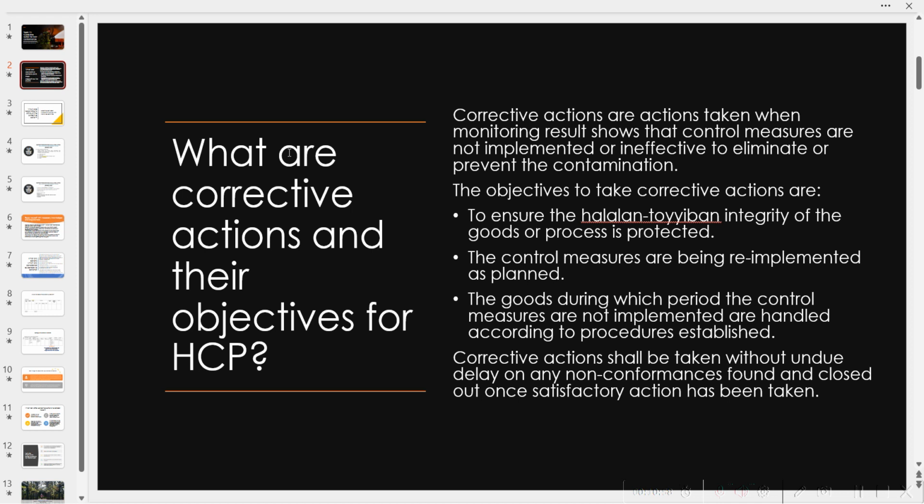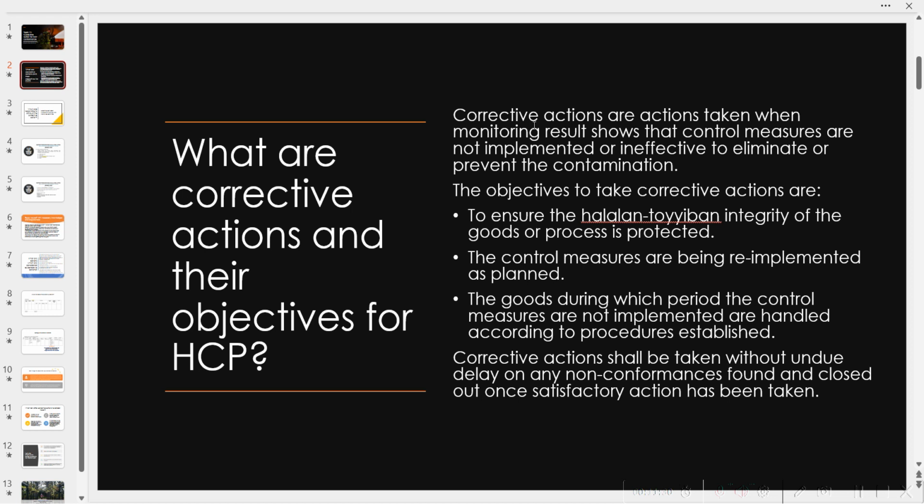Tak ada, saya masuk dalam soalan exam. Alright? So this is corrective action. That's why the definition says corrective actions are actions taken when monitoring results show that control measures in Dr. Nurul's section are not implemented or ineffective. So if you are carrying out any activities related to halal production and you find a problem, you do the control measures first. But if it is not well implemented, corrective action should be taken.